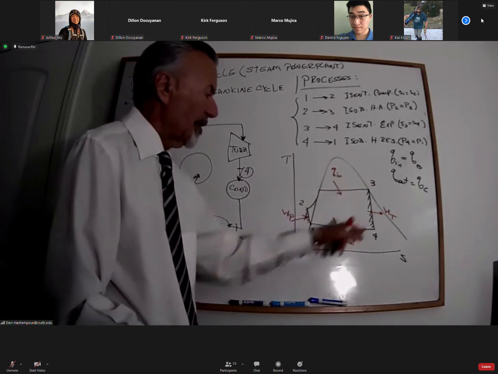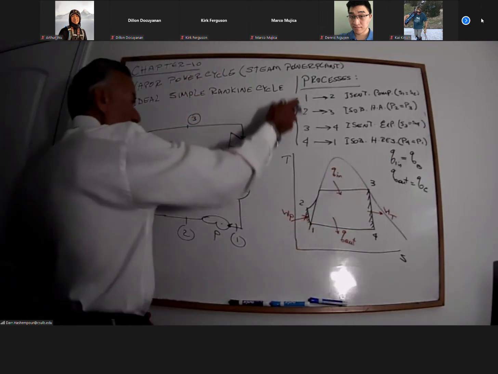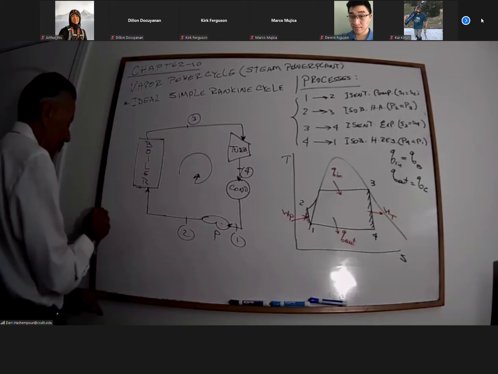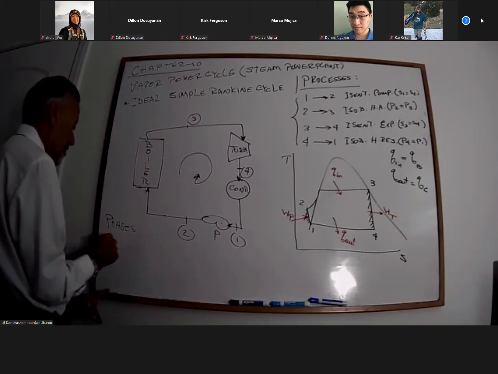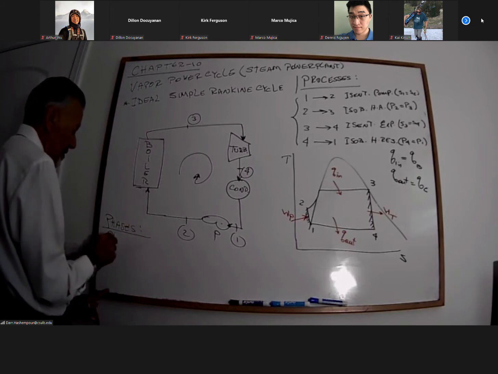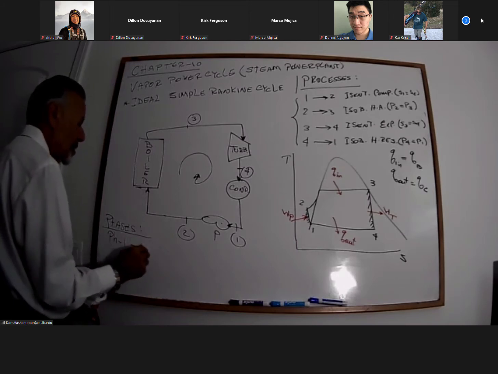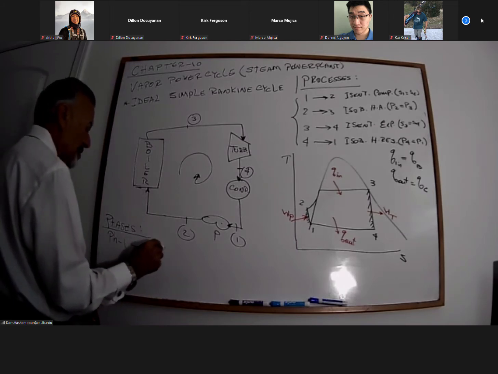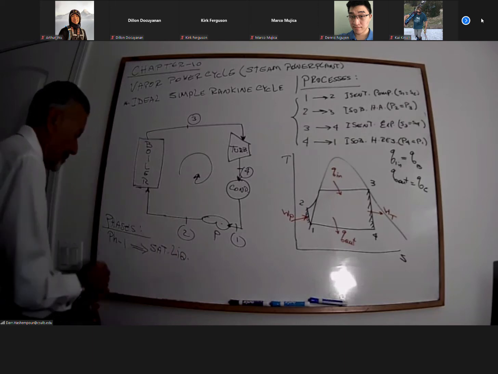These are the different phases within this cycle. So the same way that we have processes, we have phases. Phase 1 is saturated liquid.